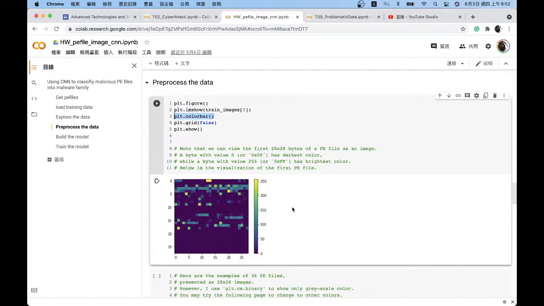Originally it is data, which can be viewed as a representation of byte values. So here we simply think we can represent it as an image, and we can use a color to represent its original value.